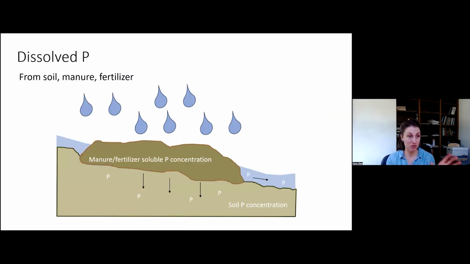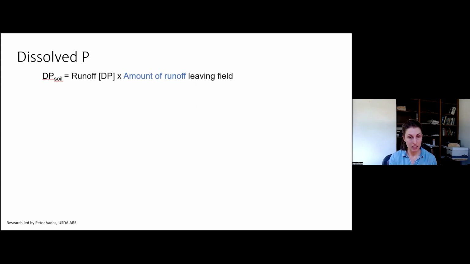Looking at the dissolved phosphorus portion of this, again, we're thinking about soil, manure, and fertilizer contributions, and how much of those things are being dissolved in runoff water that's moving off this field. So I'll keep it high level here with the equations, but the thing to note is that each of these equations has two parts.